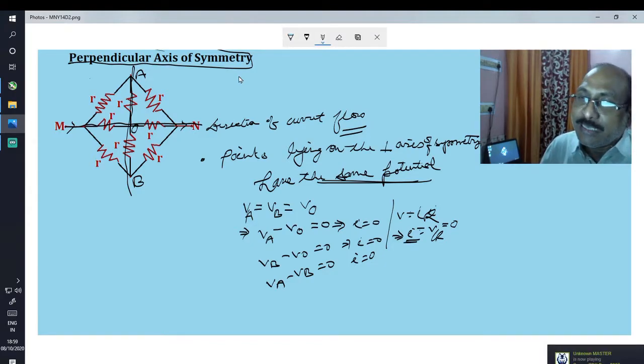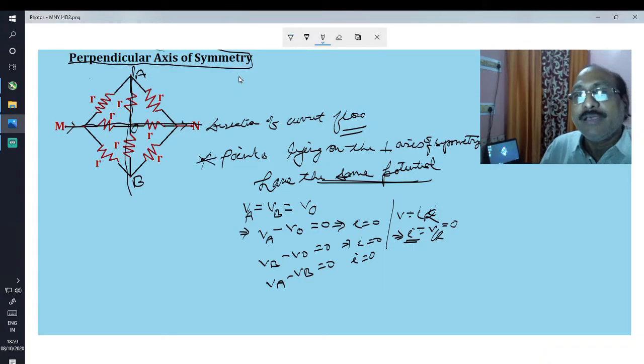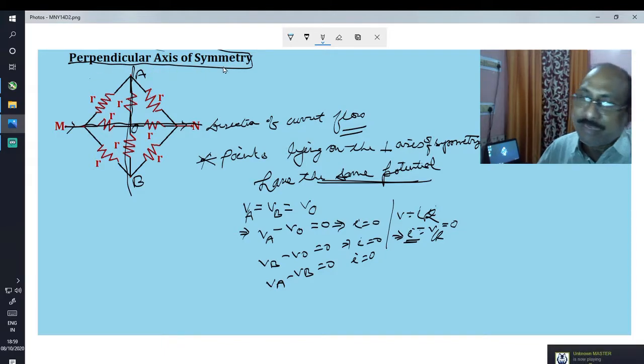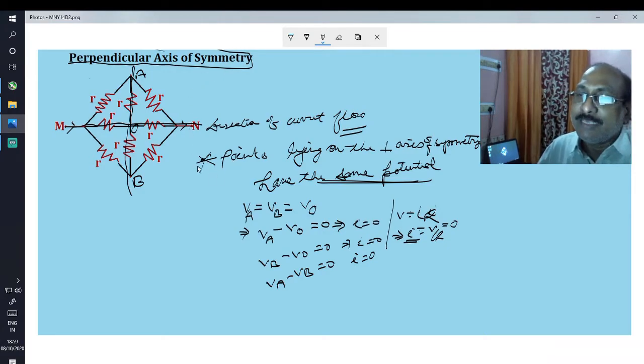This assumption plays a very important role in getting the solution of the equivalent resistance in case of a complex network when we are using the perpendicular axis of symmetry. So this point should always be kept in mind.